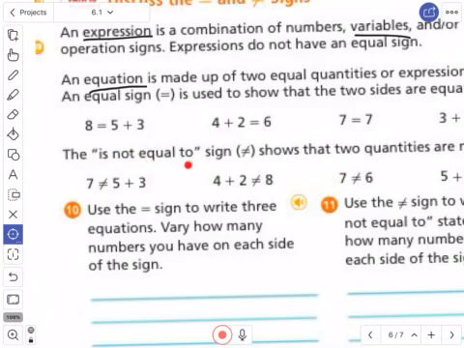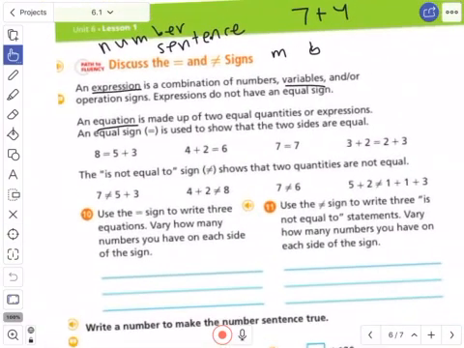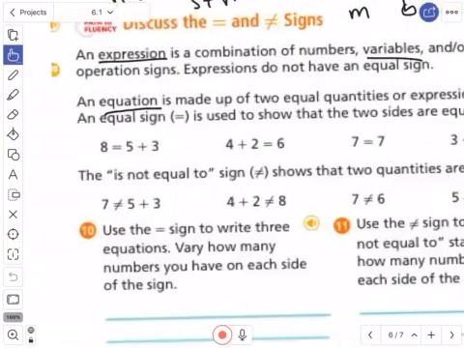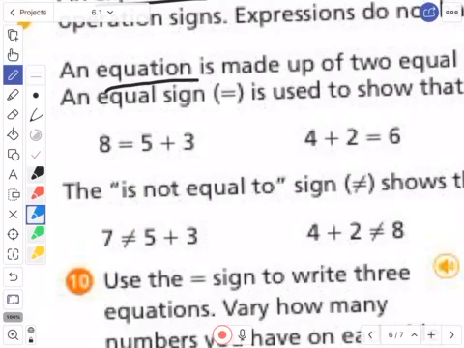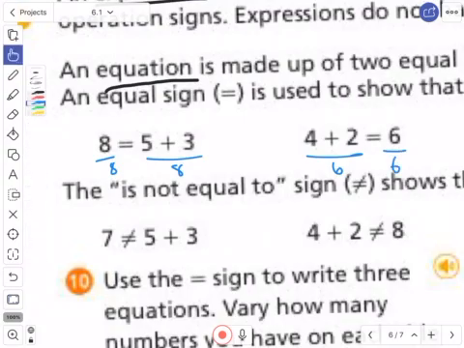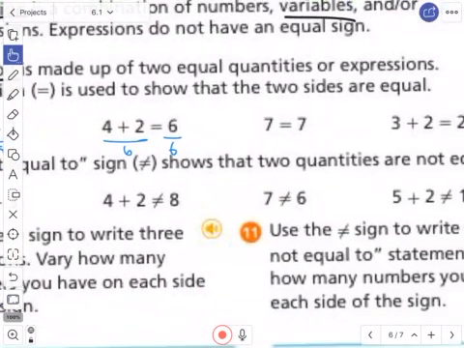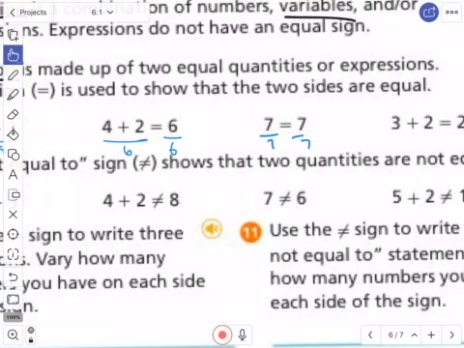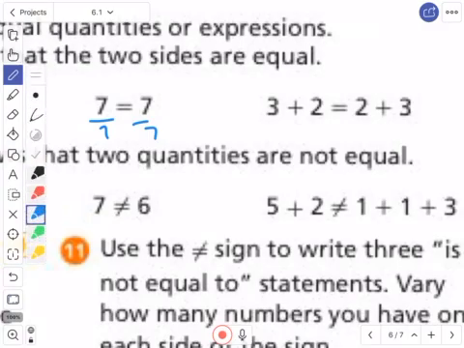The does not equal sign, which is the equal sign crossed off, shows that two quantities are not equal. Basically, like here, this side equals 8, 5 plus 3 equals 8, 4 plus 2 equals 6. Well, 6 by itself is just 6. Yes, 7 equals 7 for sure. And then 3 plus 2 equals 5, and 2 plus 3 equals 5.